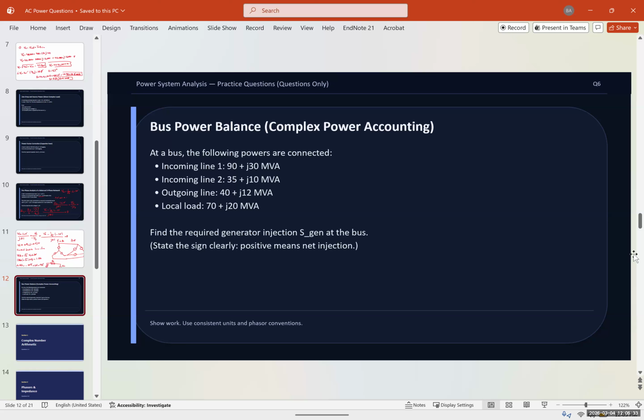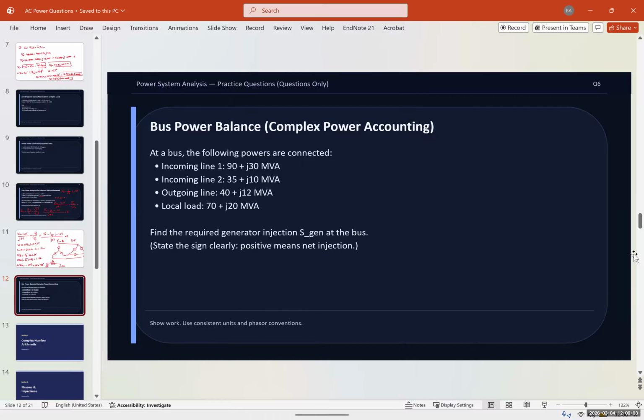Outgoing line is 40 plus j10 megavolt amps, and local load is 40 plus j20 megavolt amps. We find the required generator injection at the bus. This is from lecture 5, by the way. I'll give you a few minutes to think on it because we don't have a lot of time. Then I would start solving it.